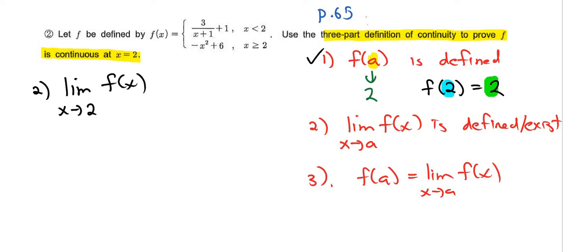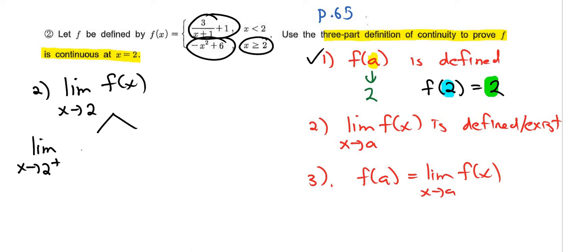What that means is I need to take the limit from the left-hand side and the right-hand side. First, the limit as x approaches 2 from the right-hand side. The right-hand side is this part, so that's -x squared plus 6. Once again, this is similar to part 1, it's just a direct substitution question. So negative bracket 2 squared plus 6, and then we get 4. So the right-hand limit is 4.